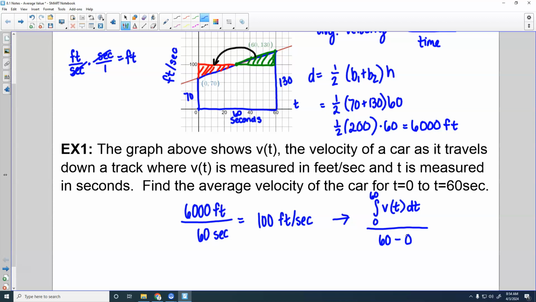If you think about the units here, when we integrate velocity, our units are feet, but by dividing by time, we turn it back to feet per second. So if we just needed the distance the car traveled, we integrate and get 6,000 feet. But if we want the average velocity, we divide that distance by the amount of time, and it turns it back to feet per second.